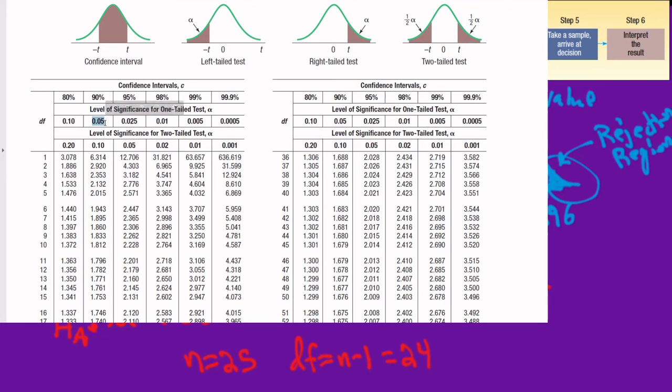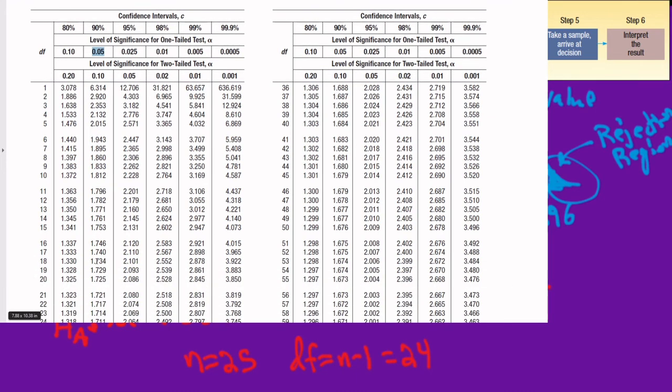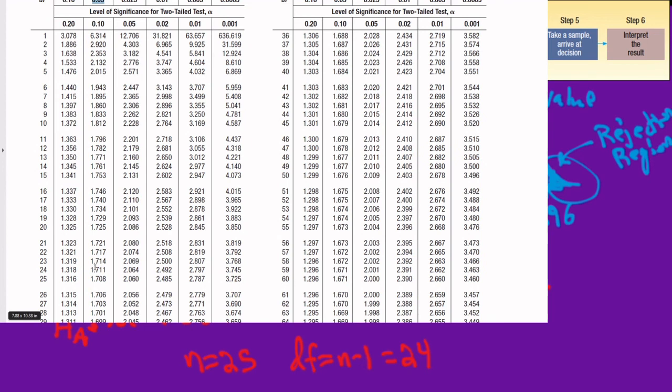The two-tailed test is twice as large here, so you'll be in the same column if you are looking for a 10% two-tailed. But here we are in the 5% one-tailed test, and we go down to degrees of freedom of 24, and we find the t-statistic of 1.711.